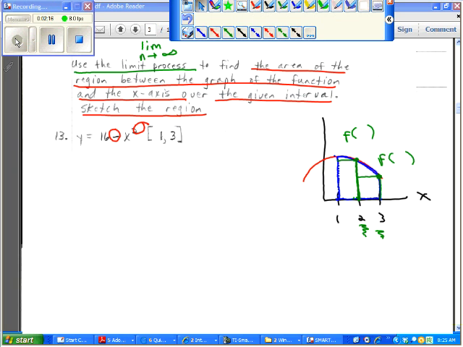All right. Now, when we think about the width of a rectangle, we're actually thinking about the spacing between the rectangles.